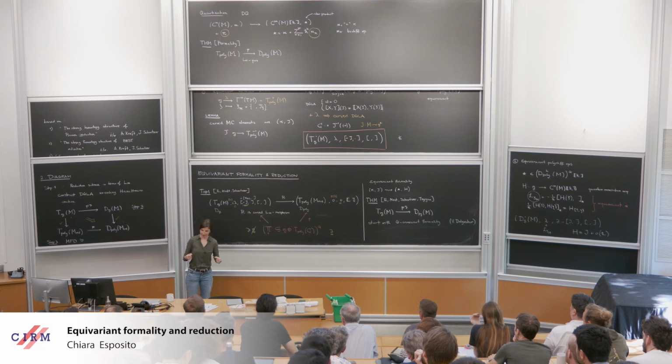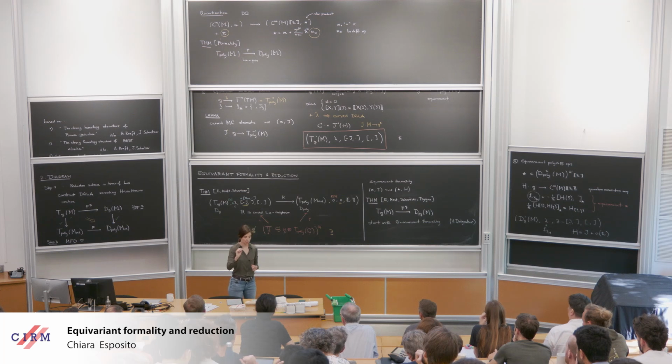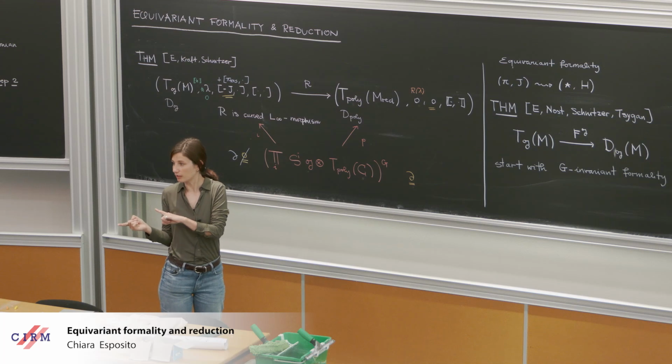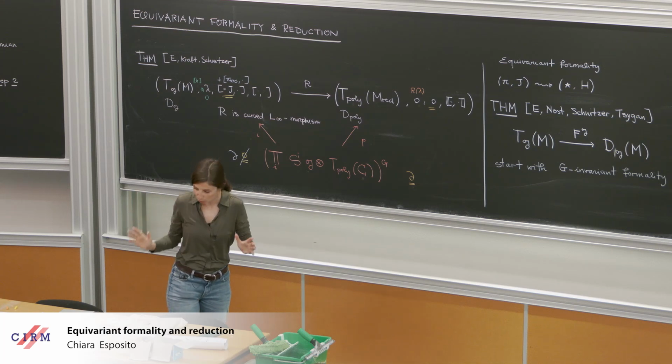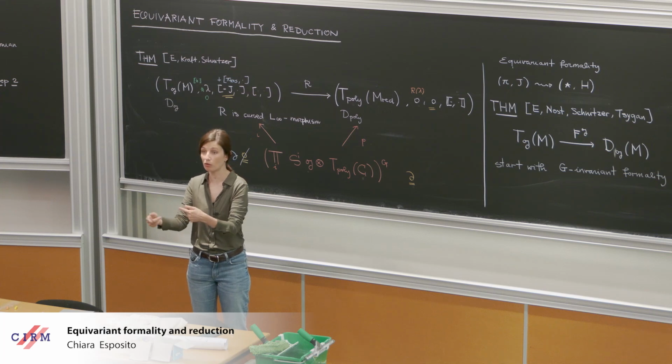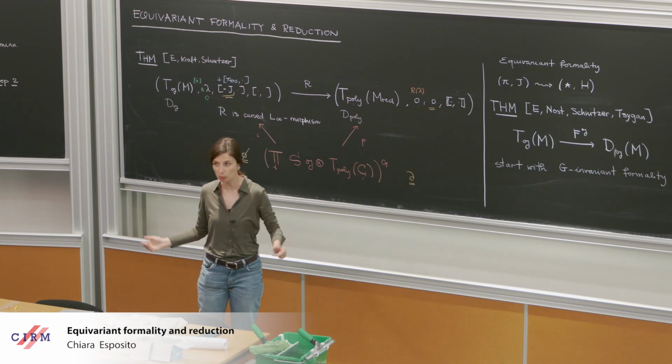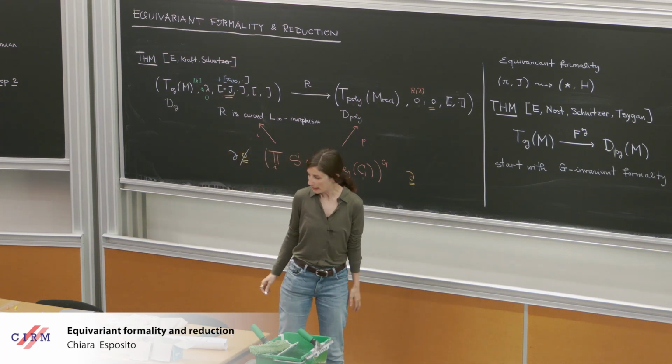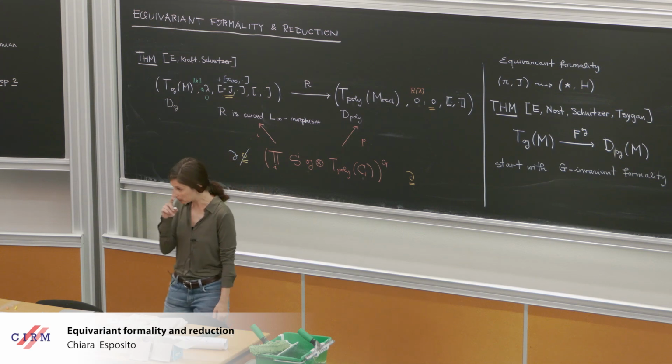To do that, at some point you have to make a choice. And the choice is choose a connection. So if you choose a G-invariant connection, what you get is a G-invariant formality. So no problem. And whenever you change connection, what you get is homotopy equivalent formalities. No problem. Okay, so first requirement.